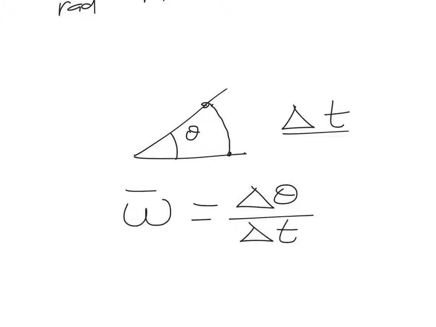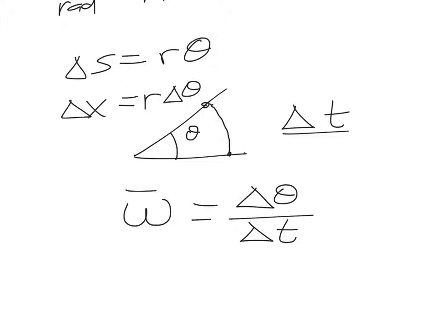And I had before s equals r theta, which may seem more familiar if I read it like this. Delta s is kind of like a delta x. It's a linear distance along an arc, equal to the radius times the delta theta.